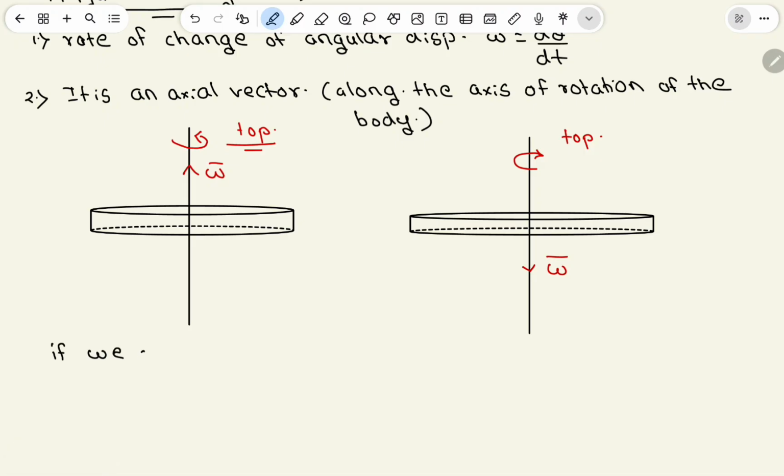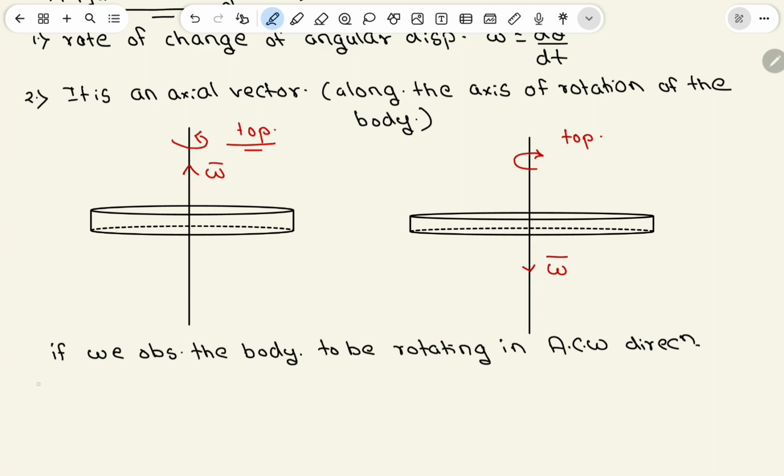So if we observe the body to be rotating in anti-clockwise direction, then omega bar is towards us.